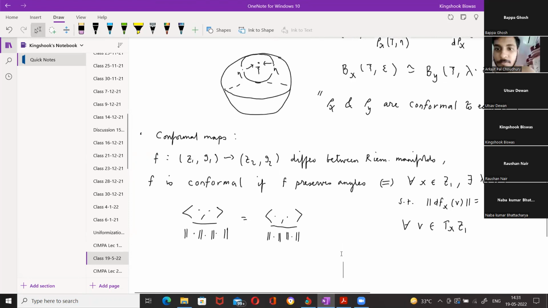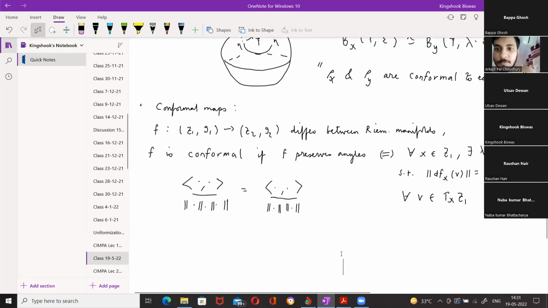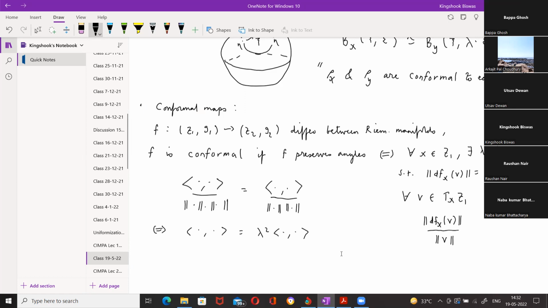The inner product of df v and df w will be lambda squared times the inner product of v and w. And so this is if and only if norm df_x v is equal to lambda x norm v. In other words, the ratio norm df_x v by norm v is constant, independent of the direction v, equal to lambda x, you see?